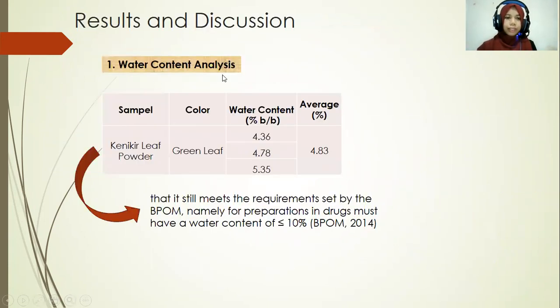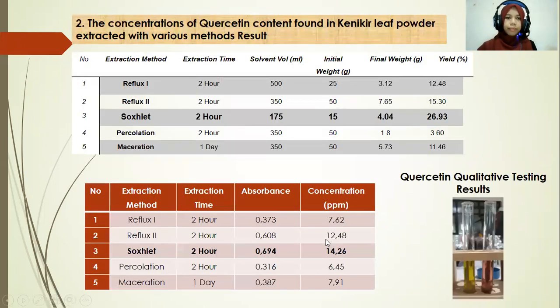Result and discussion. First, we get the water content analysis. In this table, we can see the water content is 4.83, which still meets the standard requirement. The concentration of quercetin: we can see the extraction methods, reflux, circulate, percolation, maceration.